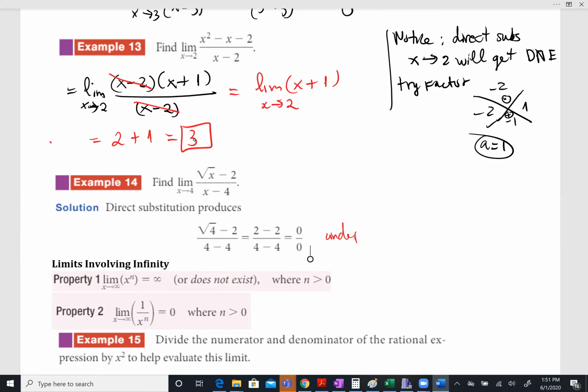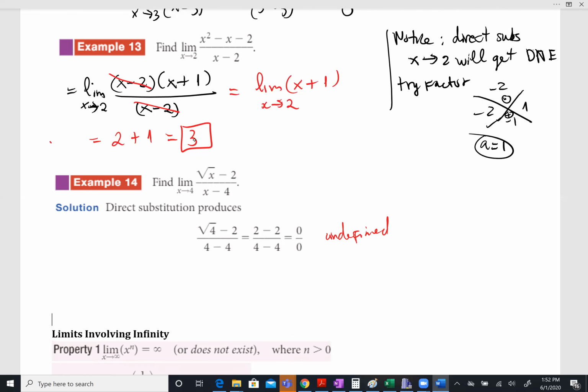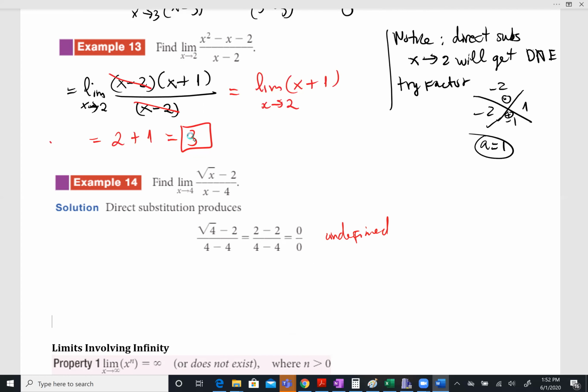So I have to think about whether I can factor or do something for this. For factoring, I don't recommend it, because it's not easy to see the factor. But in this case, if you see a radical, you think about multiplying by the conjugate.